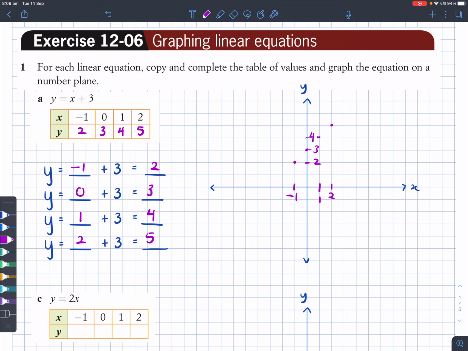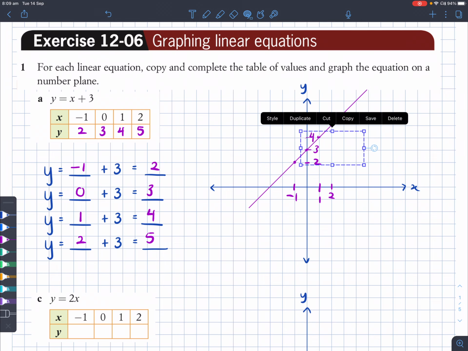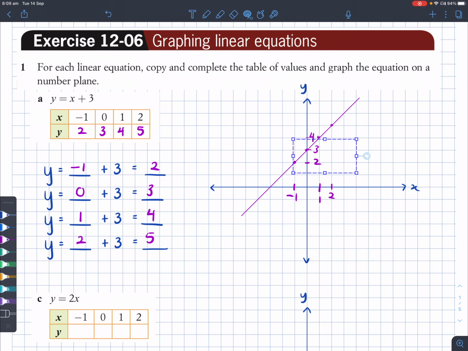Okay, and then once we use a ruler to draw a straight line like this, we will get this linear graph happening. Okay, and we can try and plot some more values so that we know where this line intersects the x-axis. And there's my line.